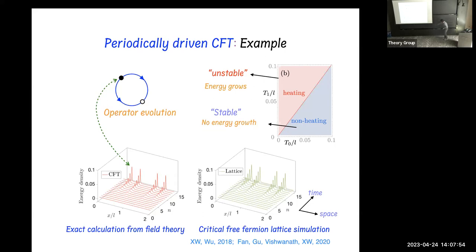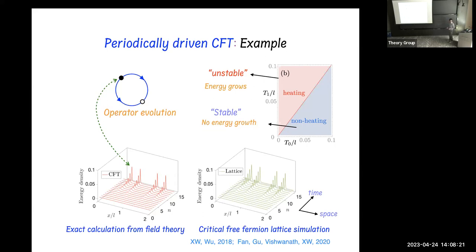If you deform the system by an arbitrary number n of wavelengths, you will have 2n energy density peaks. So the location of this peak is determined by the fixed point in the operator evolution.